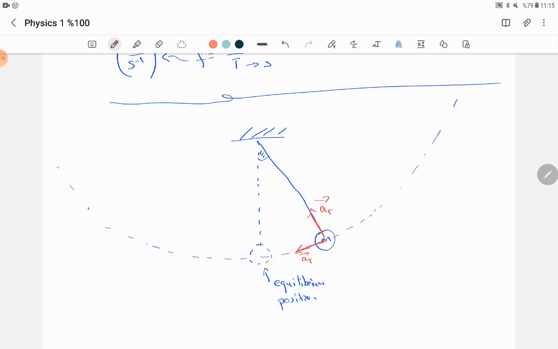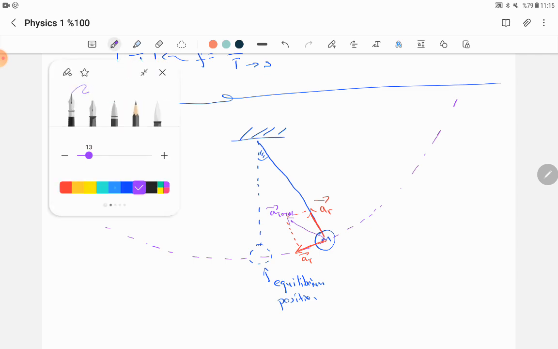AT, yes, and also our total acceleration is the sum of these two accelerations.